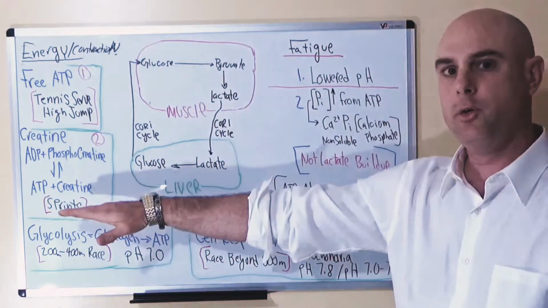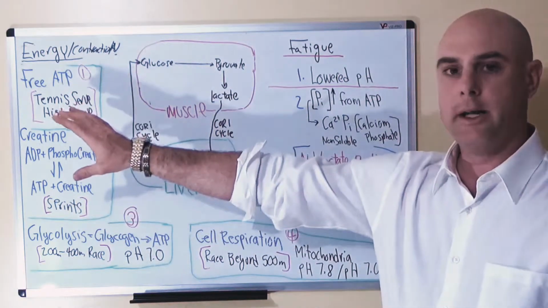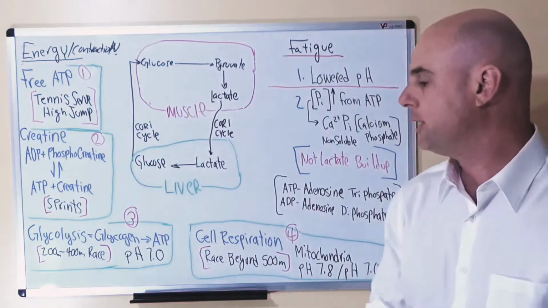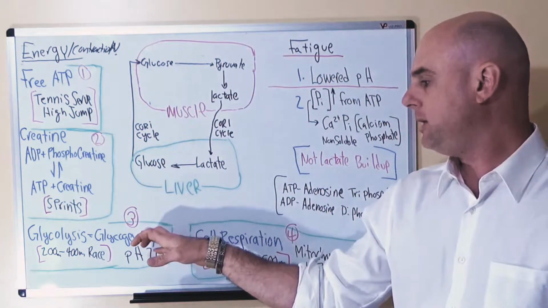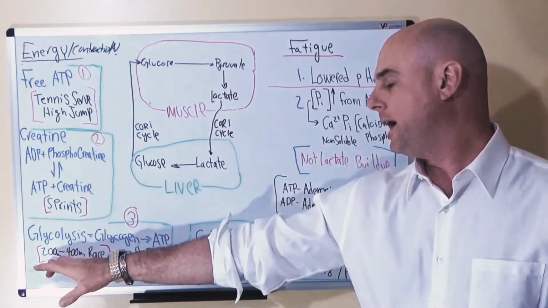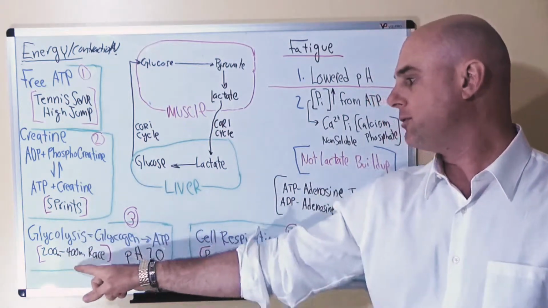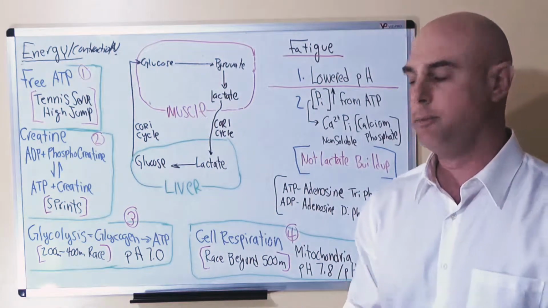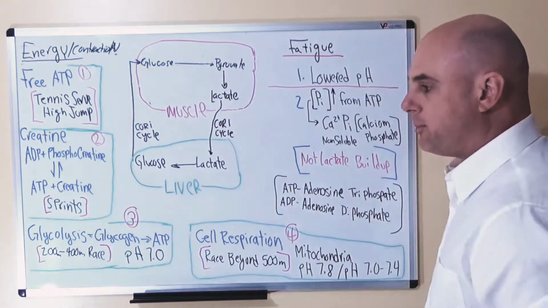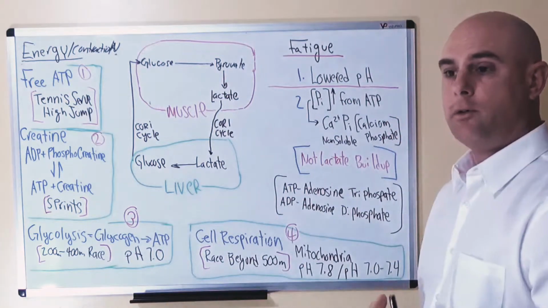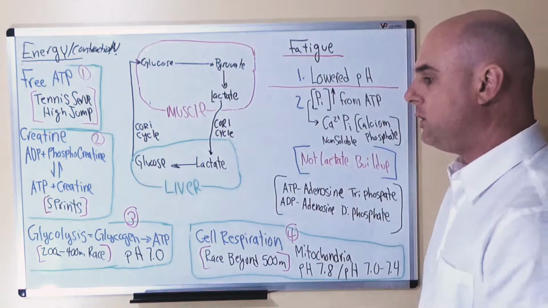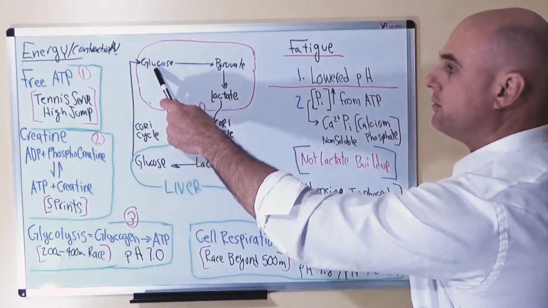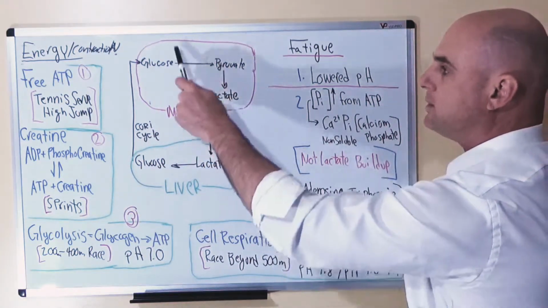Okay, so those are the first two ways that skeletal muscle uses ATP for energy. Now, anything beyond that, like a 200 to 400 meter race, we're actually going to start having to make our own ATP. We do that in a process called glycolysis. I go over that in my mitochondria part one video, but glycolysis is basically taking glucose and generating ATP.